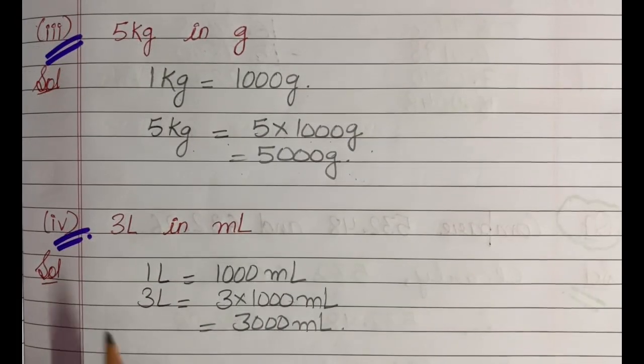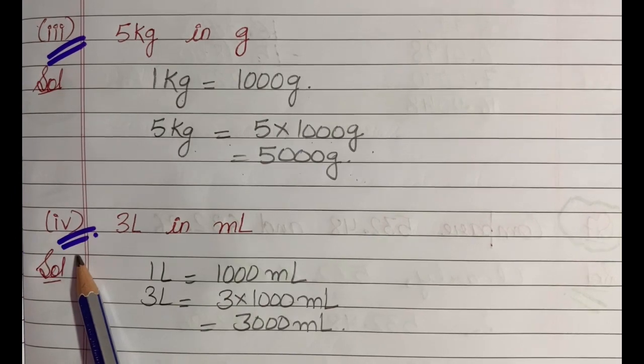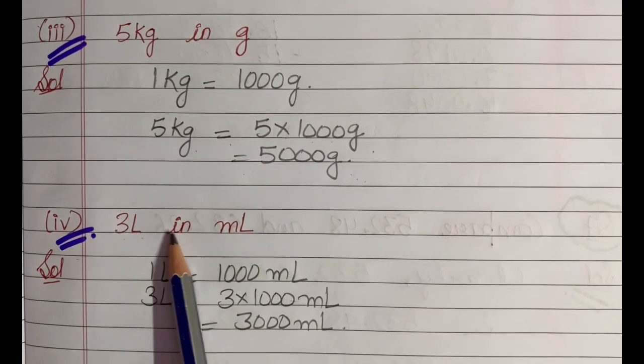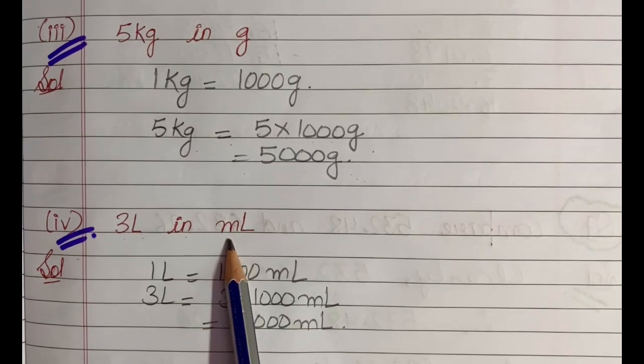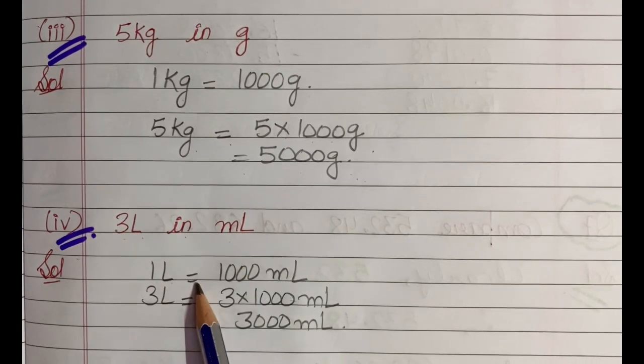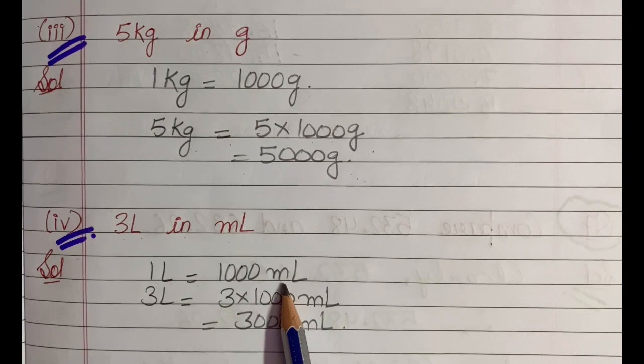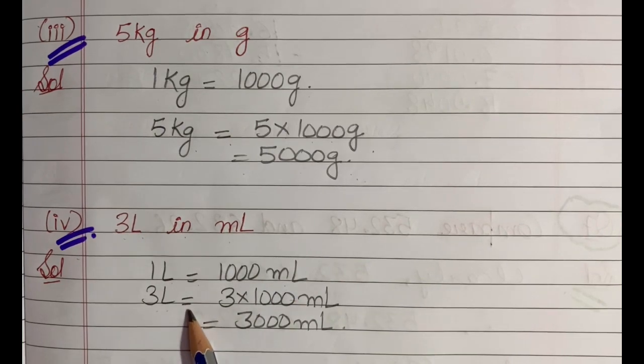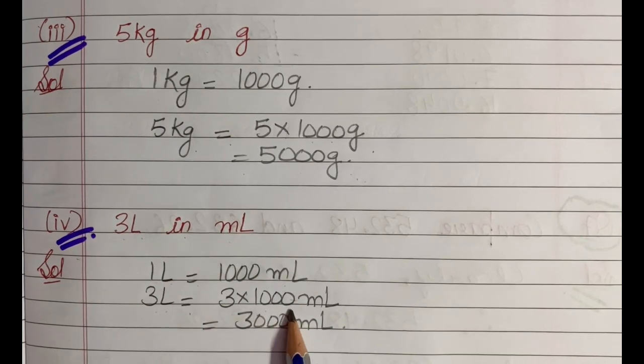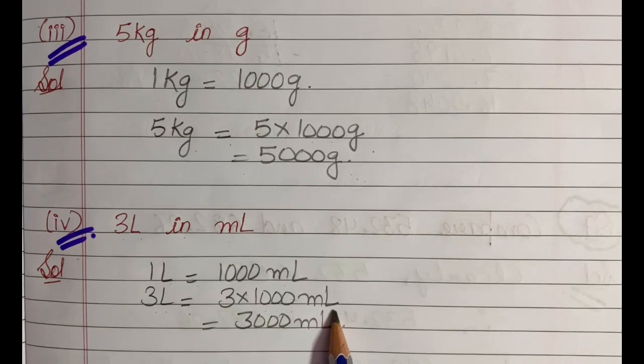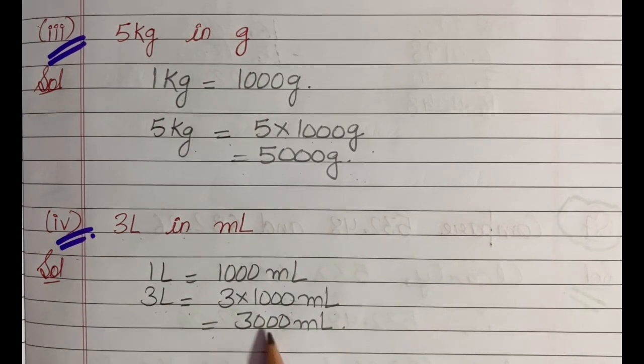Now the fourth part says to express 3 liter in milliliter. You know that 1 liter is equal to 1000 milliliter. So 3 liter is equal to 3 multiplied by 1000 milliliter, and that is equal to 3000 milliliter. Hopefully it is clear to you.